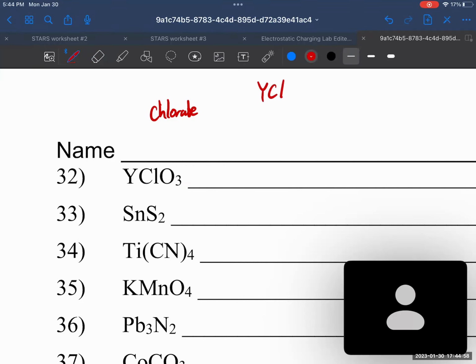So how many chlorates are we assumed to have now that we have a 1 charge? I'll just give away the answer. My question was how many chlorates do we have if there's no parentheses, but I just said it's 1. So the name, right, would be yttrium chlorate. Y'all agree on that? That's the name? This is the correct name, how you would name this thing.